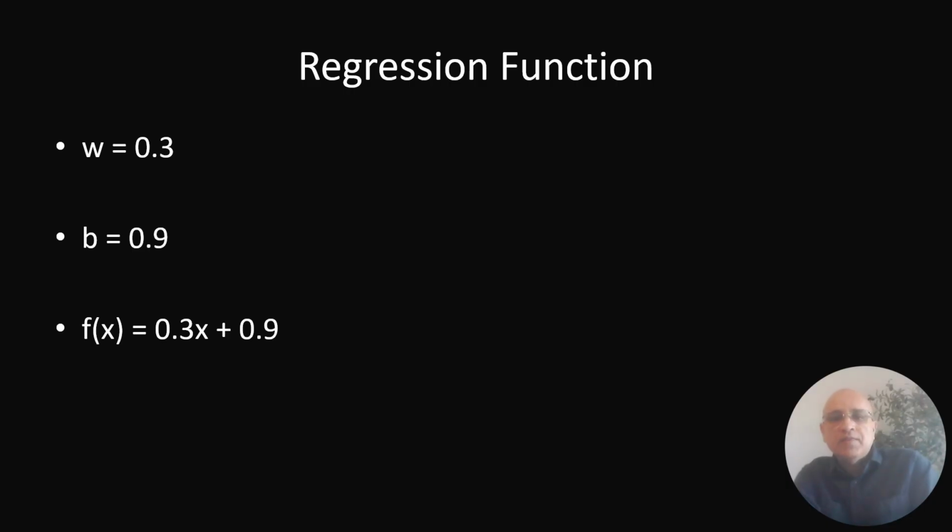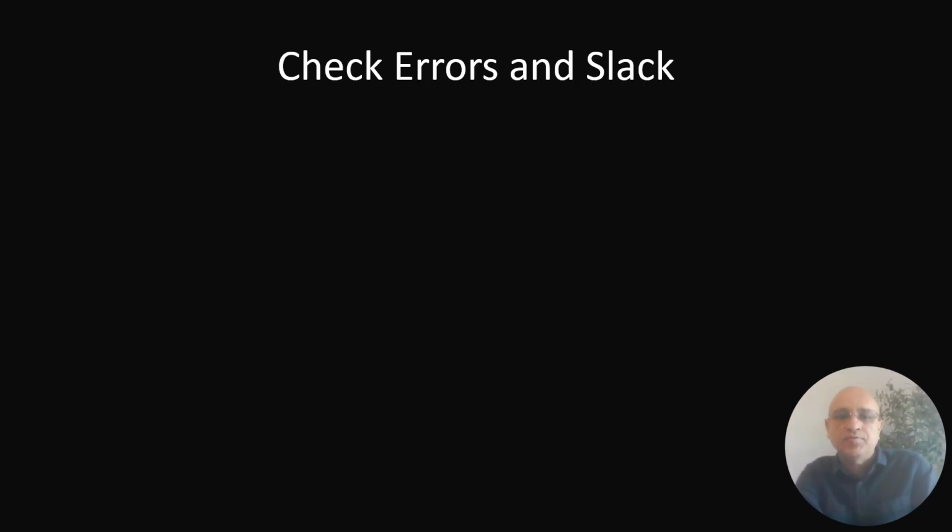Now this is not the final regression equation. We have to find the value of the objective function and see where the objective function has its minimum value. By the way, the objective function is half of the slope mod squared plus C times the sum of the slack.